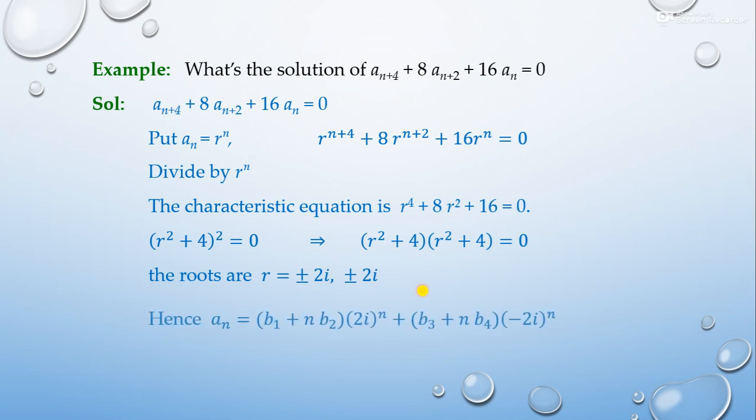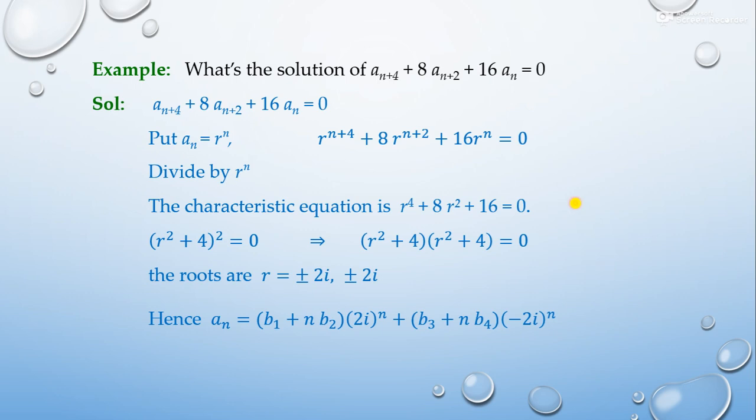So what is the solution? The solution of this, an, we can write in this form: b1 plus n b2 times 2i raised to the power n, plus, because minus 2i is again repeated, b3 plus n b4 times minus 2i raised to the power n. So like that you have to write your solution if you have imaginary roots repeated twice, and if you have some other roots, you can write in the form of the last theorems.